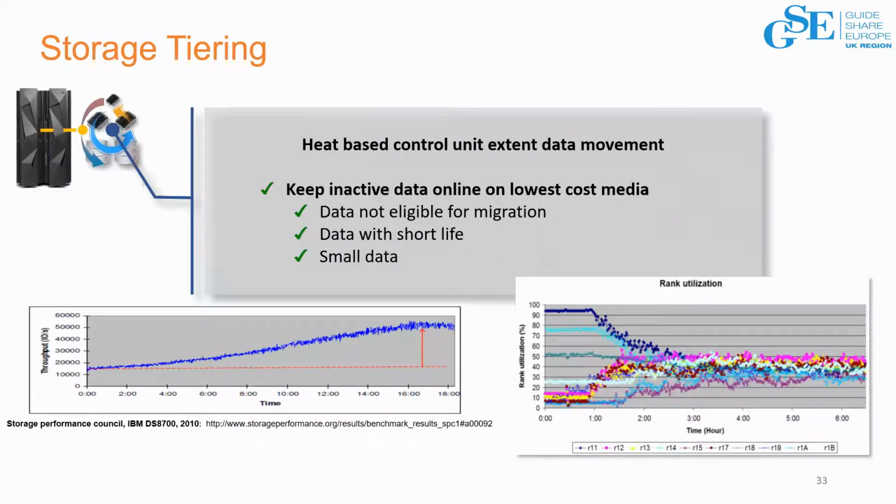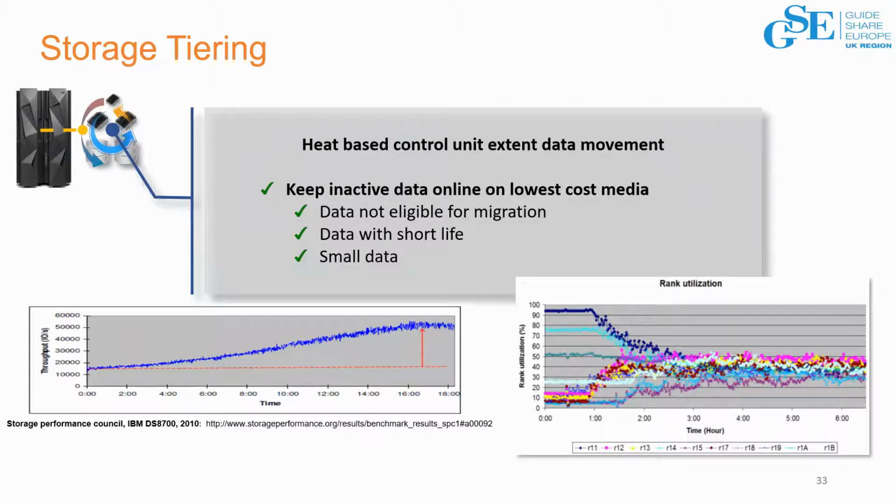There are other tiers to consider besides the traditional ML1 and ML2 tiers. The DS8K, as I mentioned, provides storage tiering. With storage tiering, the storage controller's heat-based extent data movement allows you to keep inactive data online on the lowest cost media. So this is ideal for data that's not eligible for migration or that has a short life, and also small data.